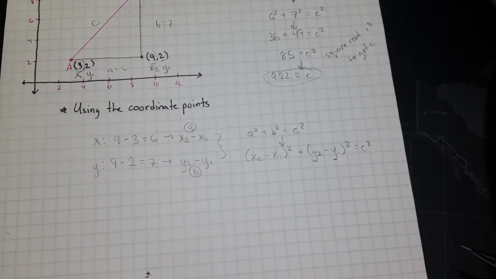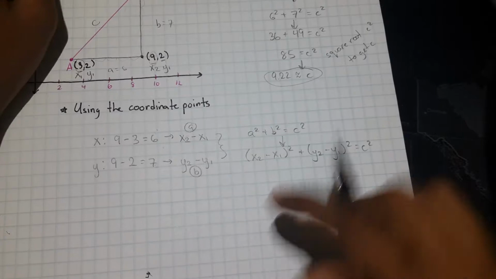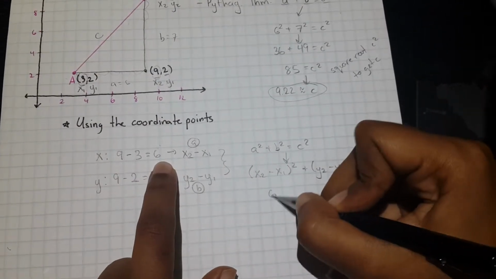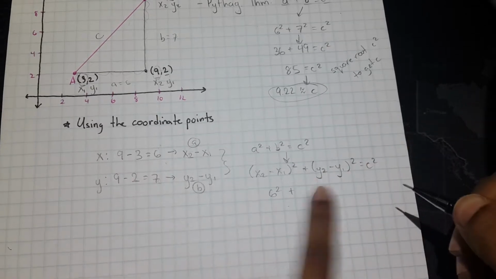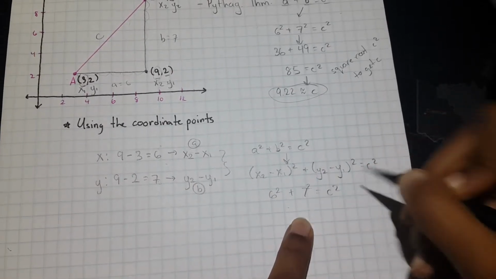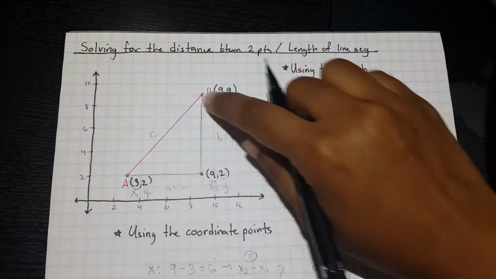Okay, so we can actually plug these values in and double check to see if it's the same thing. Well, I know x2 minus x1 was 6, so I have 6 squared plus y2 minus y1, that was 7. And look, we end up in the same situation we were in when we just used the Pythagorean theorem from all that counting.